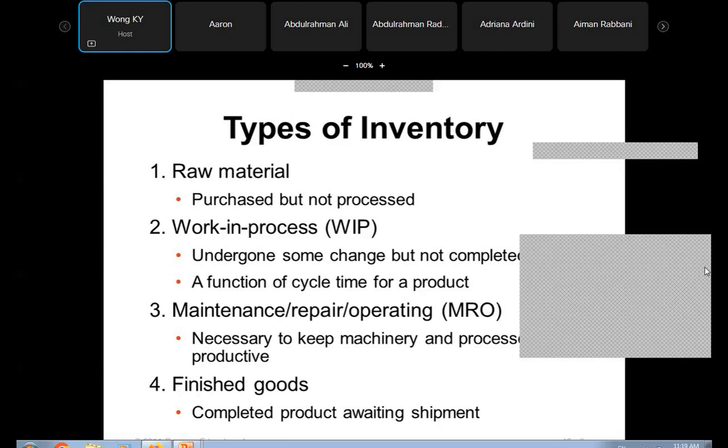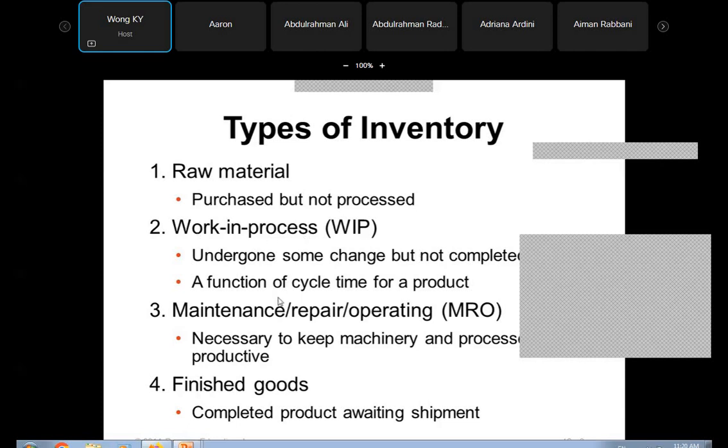So after being injected, the thing will have to be cooled off. Okay, once cooled off, the plastic bottle is created. So we open the mold and we take out the plastic bottle. Okay, now, so the plastic in this case is the raw material. Okay, but the plastic bottle produced through the injection molding machine is actually a work in process.